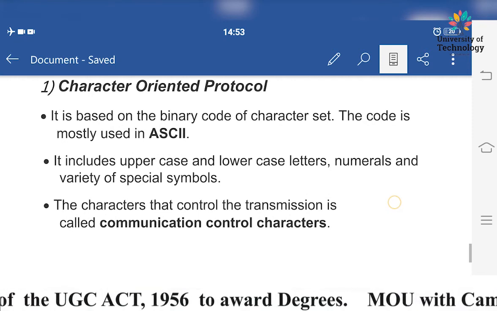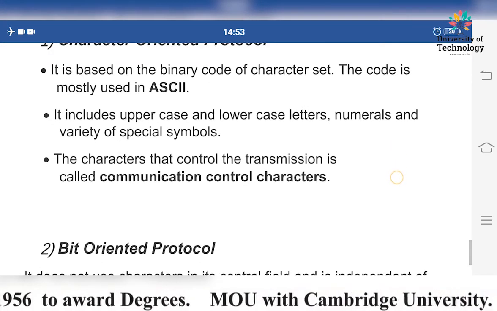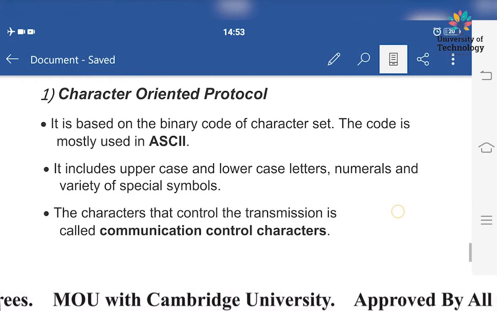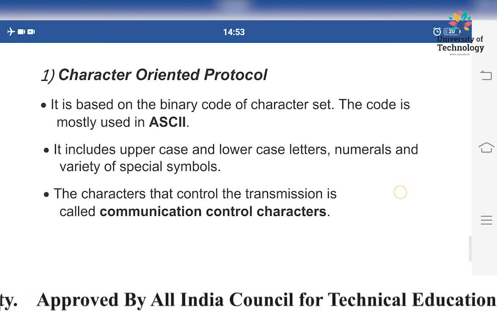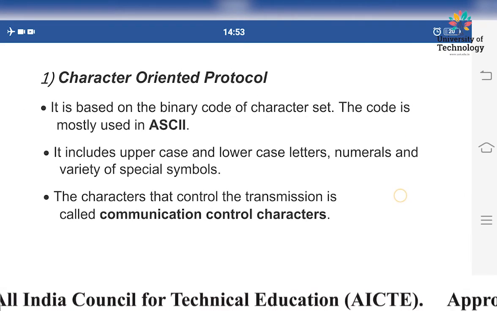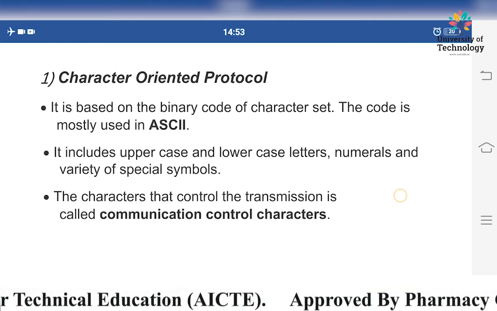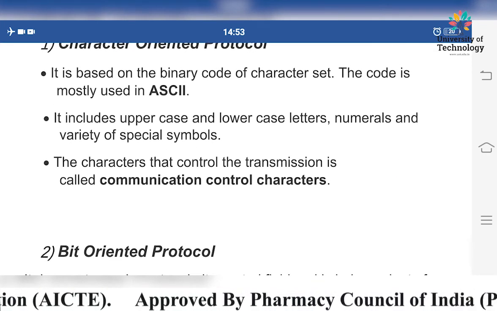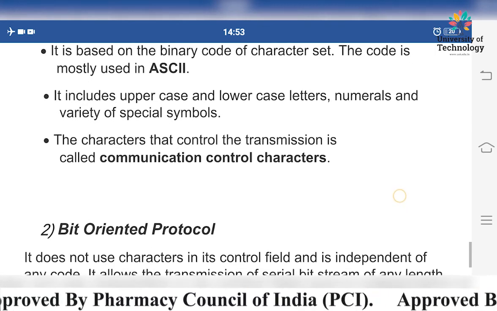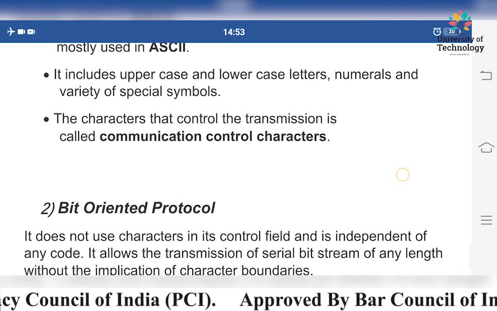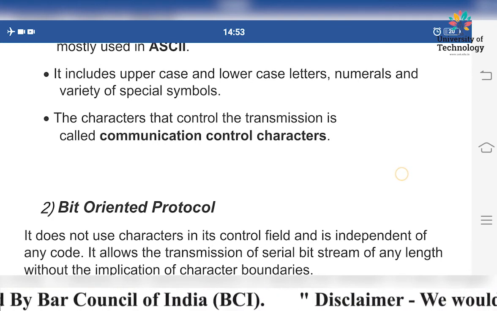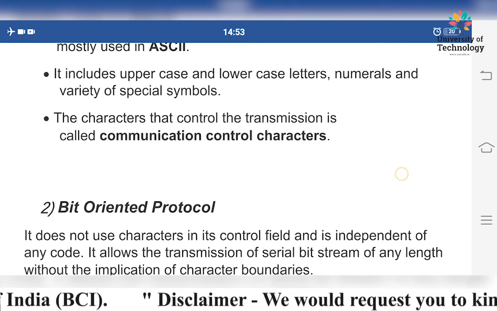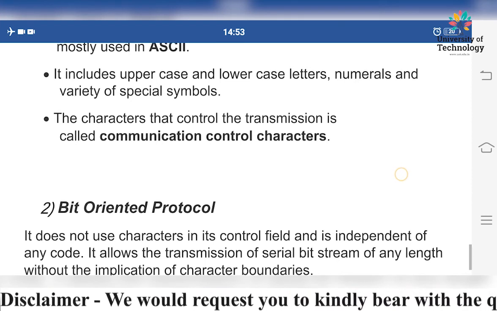All the uppercase alphabets, lowercase small letters, all the numericals, and special characters like exclamatory signs, underscores, hyphens are included in character oriented. What is a communication control character? All the characters that control the transmission come into the category of communication control characters.